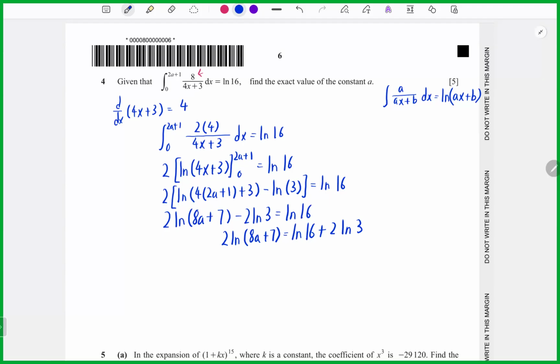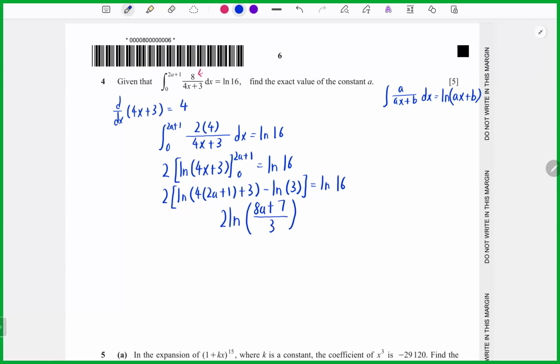Or, I can use an alternative way. 2 times ln of (8a plus 7) over 3.